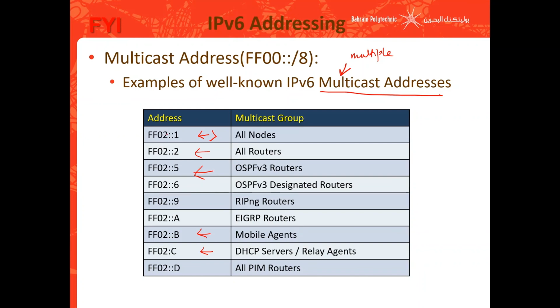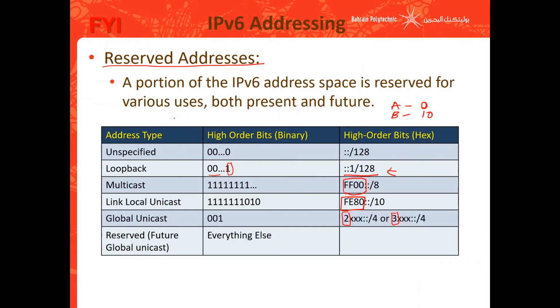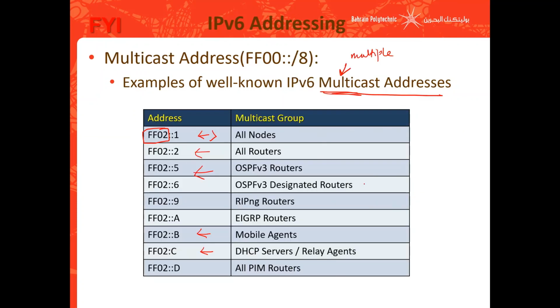FF02::2 is for all routers, and this is a multicast address. That is why every address basically starts with FF02. If you look back, for multicast addresses we had FF00, right? The only thing that changes is the number after the double colon. So that is an example of multicast addresses.